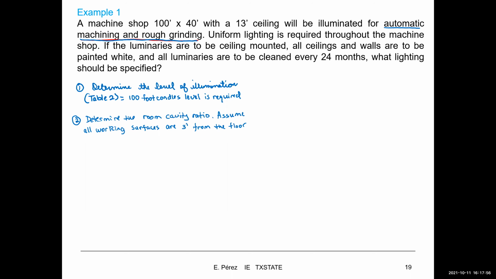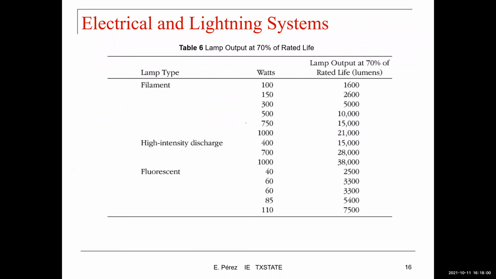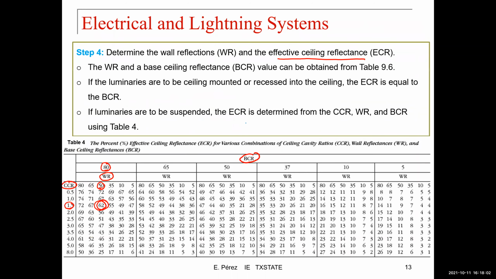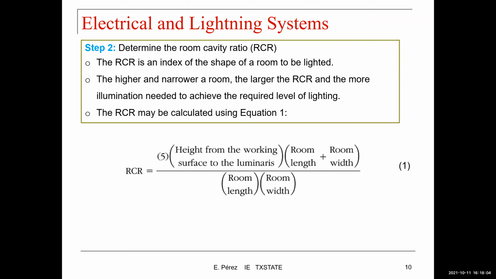So the RCR is right here. You're going to use this formula to determine the room cavity ratio. We need the height from the working surface to the luminaries, and the room length and room width.